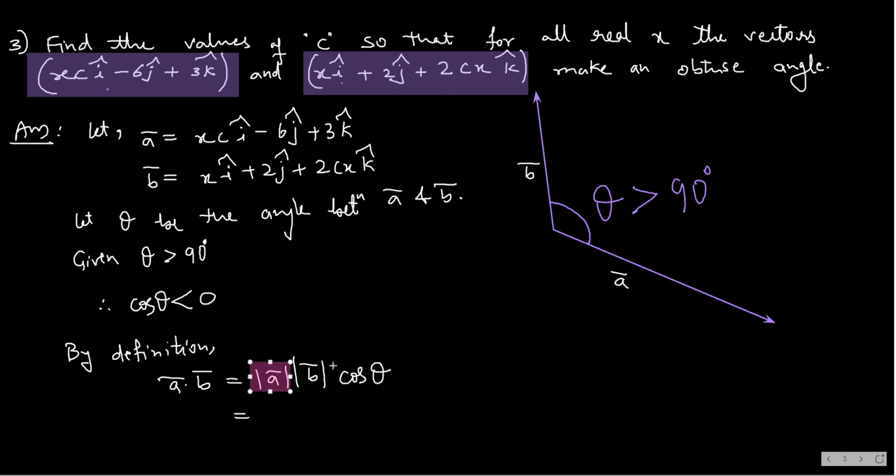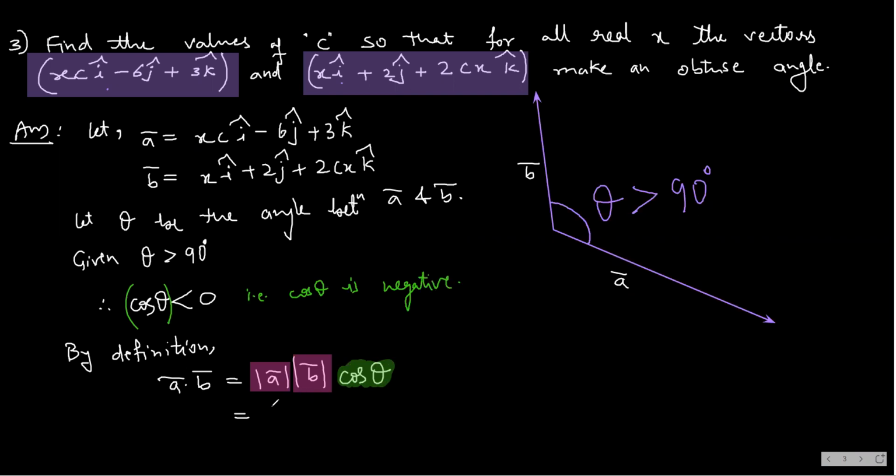Never, because it is magnitude. Can mod of b bar be negative? Never, because it is magnitude. But here, can cos of theta be negative? Yes. If theta is greater than 90 degrees, then cos of theta is negative, which is the case here. That is, cos theta is less than 0.